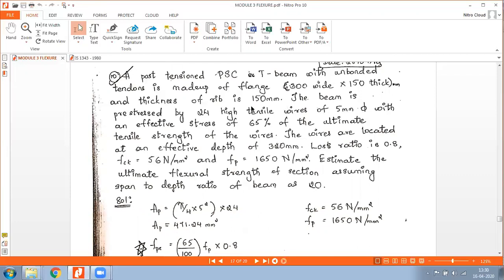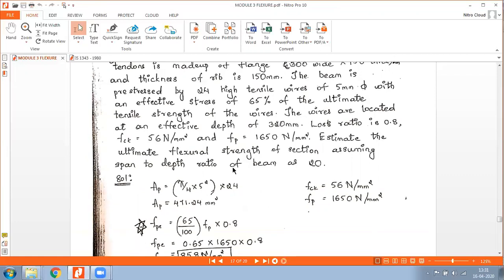It is 5 mm dia wires, that is 24 numbers, means 24 into pi d square by 4. Now, that is the area of the pre-stressing tendon. Fp is given, but he has not mentioned the Fpe. We need to calculate the Fpe. How to calculate?